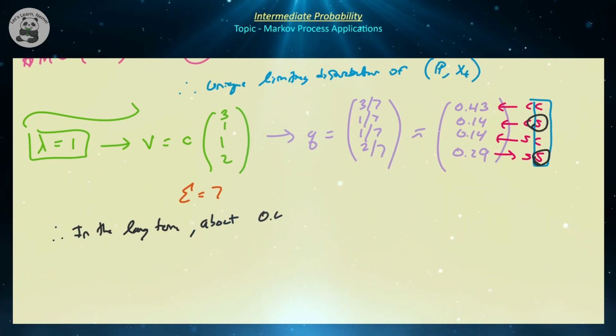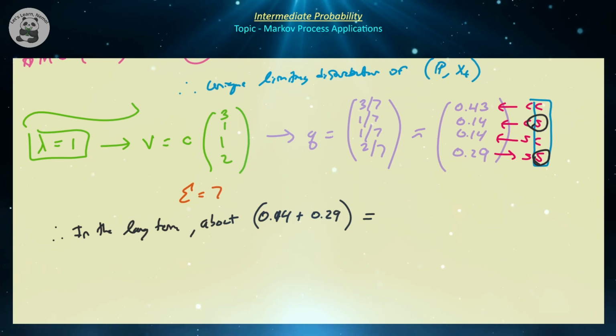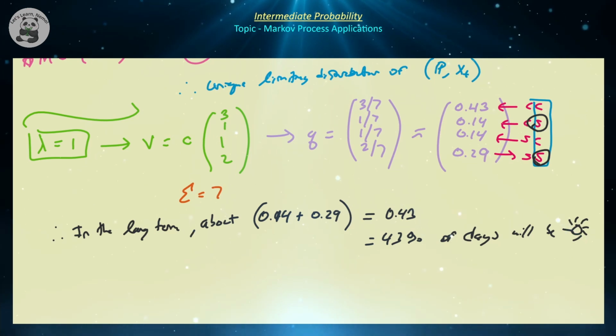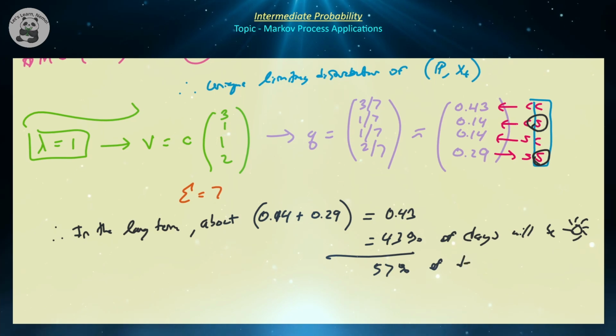So we're going to have about 0.14 plus 0.29, and that's going to be equal to what? So that's going to be 0.43, which is 43% of days will be sunny, approximately, and similarly about 57% of days will be cloudy, right? So cloudy, let's assume that's a cloud. It's not a very happy cloud, but it's still a cloud, right?